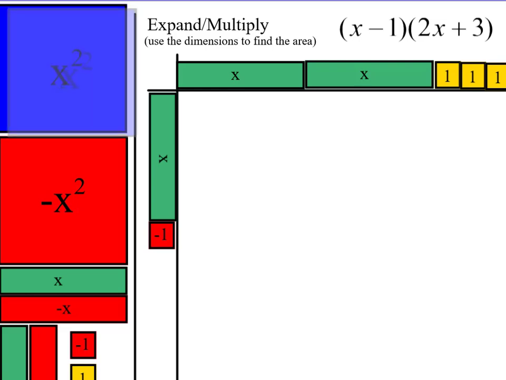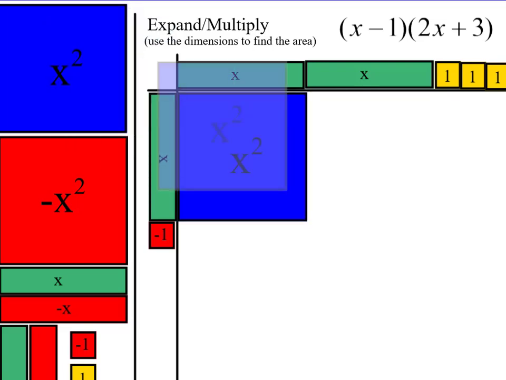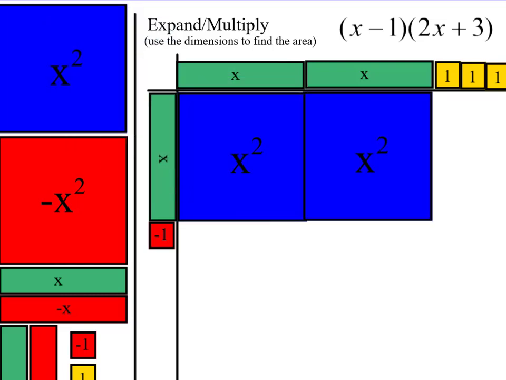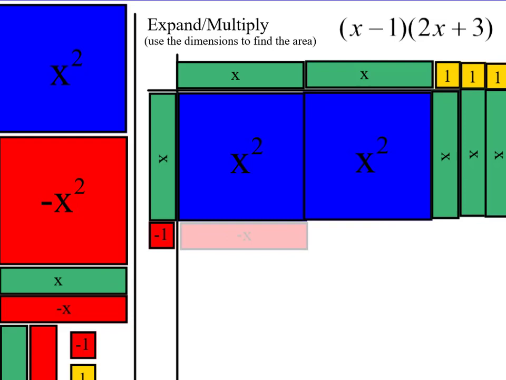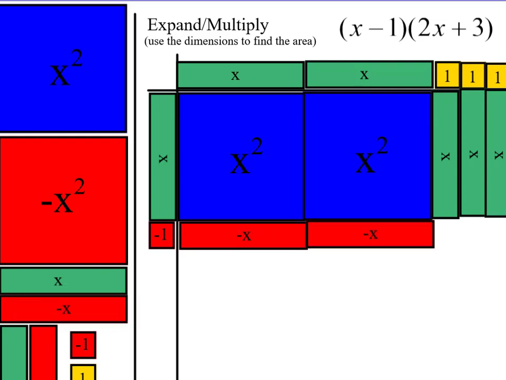All right, so let's try this. X times x is x squared, and I've got 3 x's I have to worry about here. So 1, 2, 3. Negative 1 times x, here's a negative x, and another negative x. And then lastly, negative 1 times positive 1 is a couple of negatives.